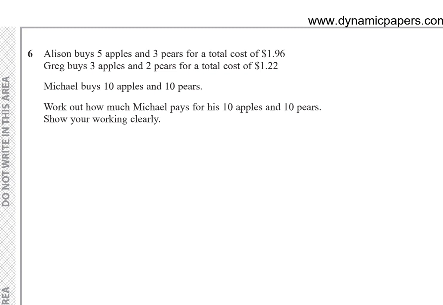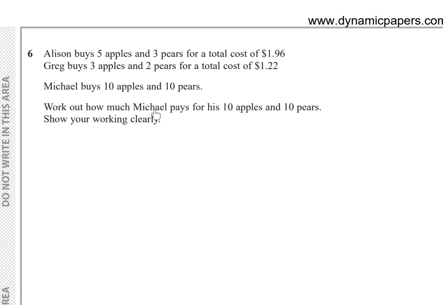Number 6. Alison buys 5 apples and 3 pears for a total cost of $1.96. Greg buys 3 apples and 2 pears for a total cost of $1.22. Michael buys 10 apples and 10 pears.